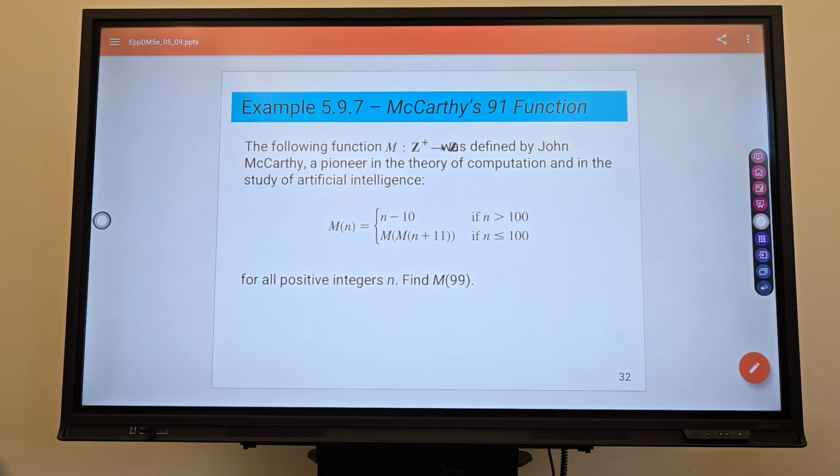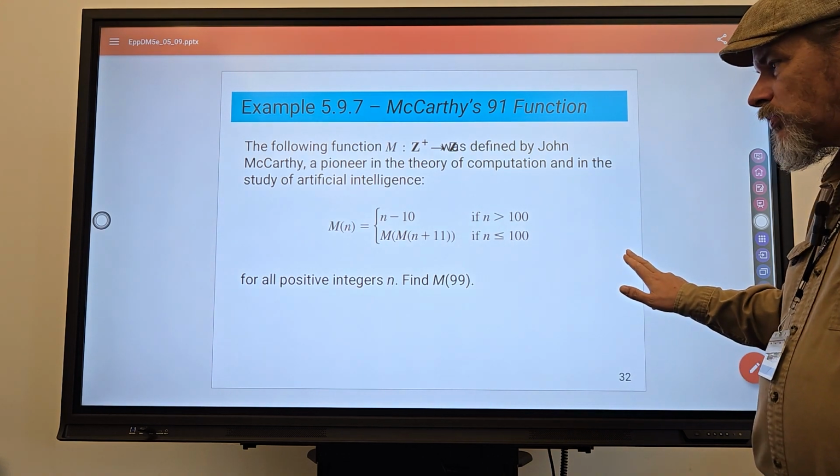M of n is equal to n minus 10 if n is greater than 100, and M of n equals M of M of n plus 11 if n is less than or equal to 100, for all positive integers n.